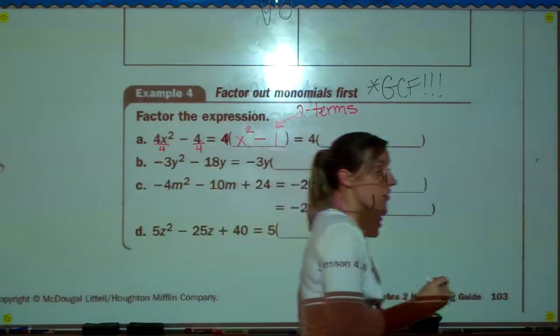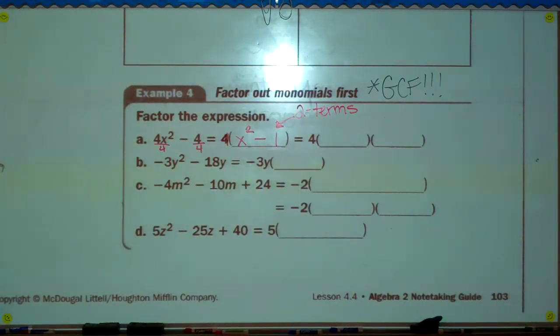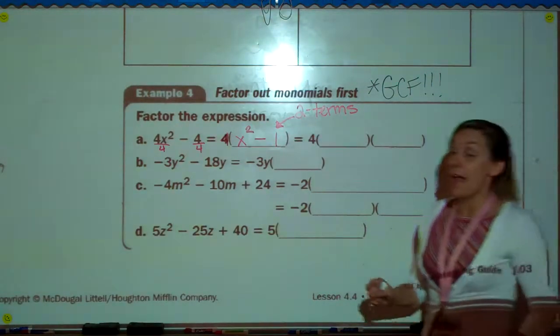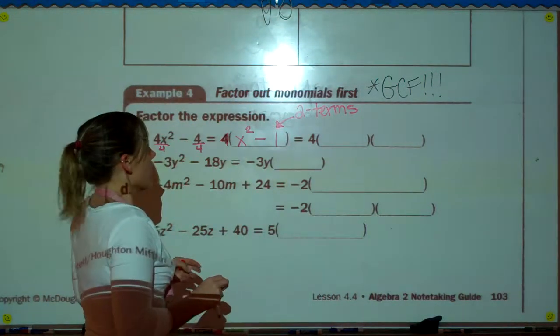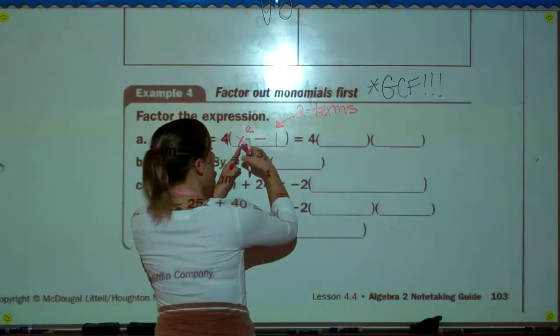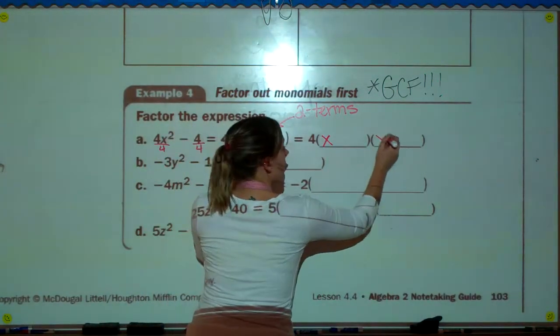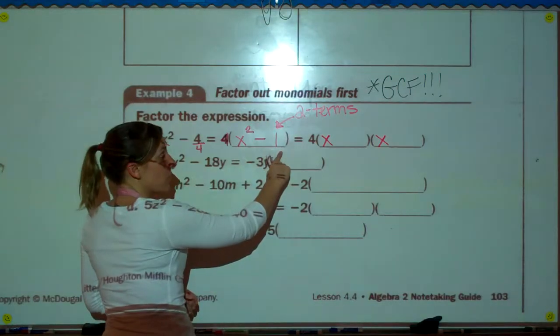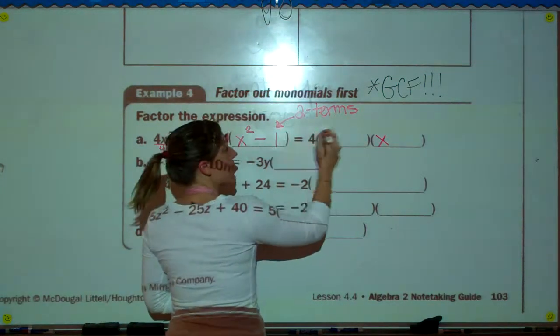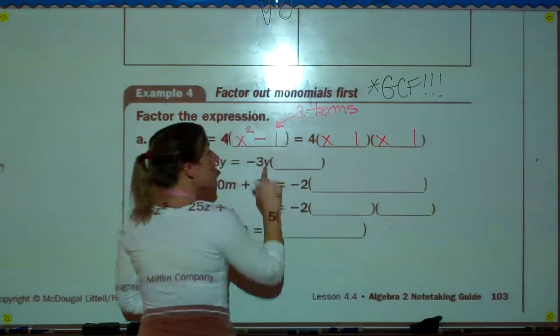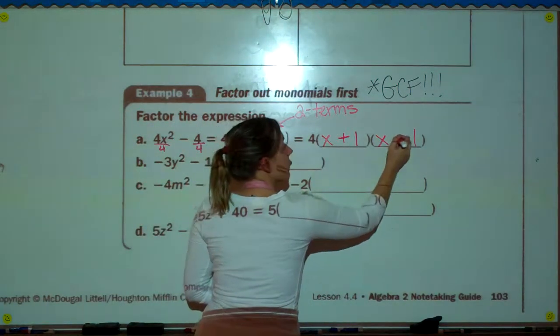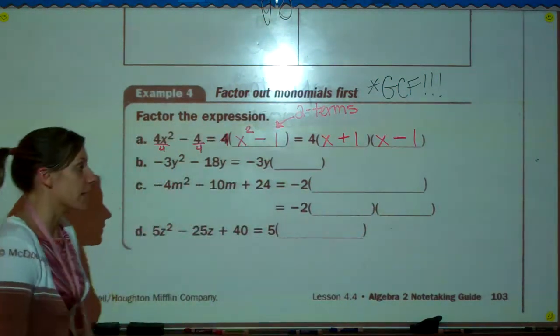So under 2 terms, we have a pattern. And the pattern is that if you can square root the front, what times what gives you x squared? X times x. And then if you can square root the back, what times what gives you 1? That's 1 times 1. Since it's a negative 1, one's positive, one's negative, okay?